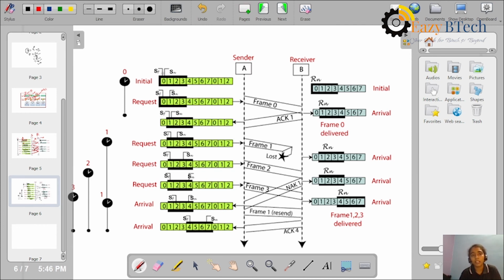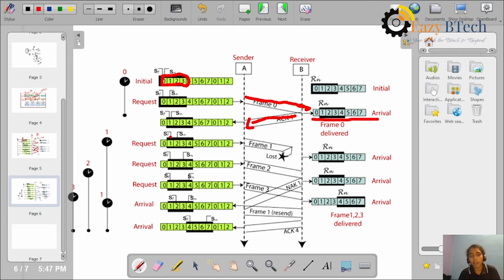The window shows the first multiple frames, 0, 1, 2, 3. I am sending frame 0 from source to destination, and it is received by the receiver, and he gives an acknowledgement. When the acknowledgement comes, the window moves from left to right on the sender side.